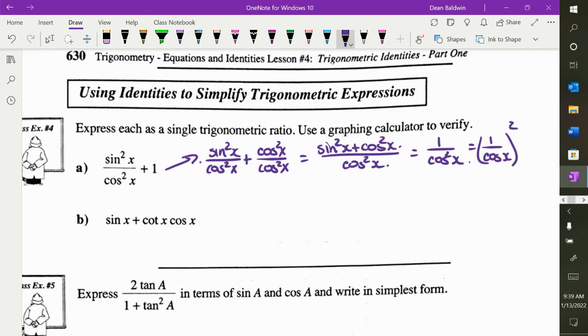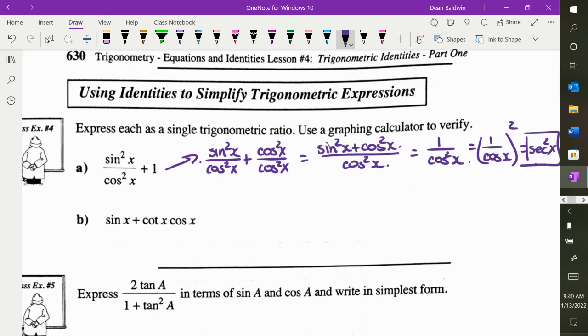Secant squared. 1 over cosine is secant, so 1 over cos all squared is just secant squared. That's it. We're done. We took this and boiled it down to a single trig function.